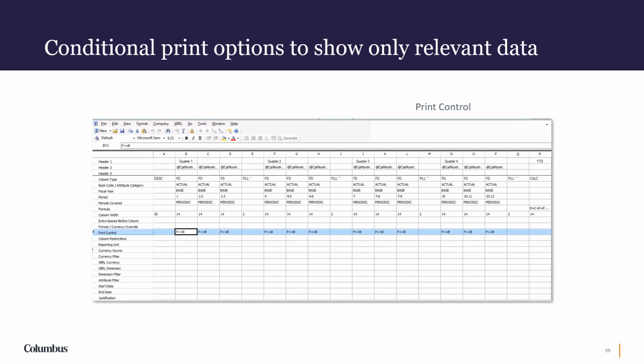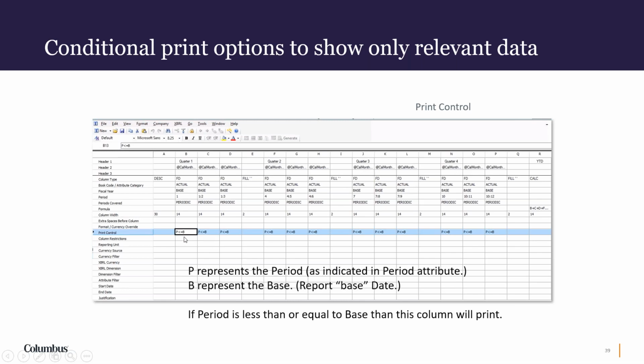This is an example of quarter 1, quarter 2, quarter 3, quarter 4, and we've got a print control here that says print this period only if it's less than or equal to the base. Well, it's looking at the period here, and the base is going to be our report date.